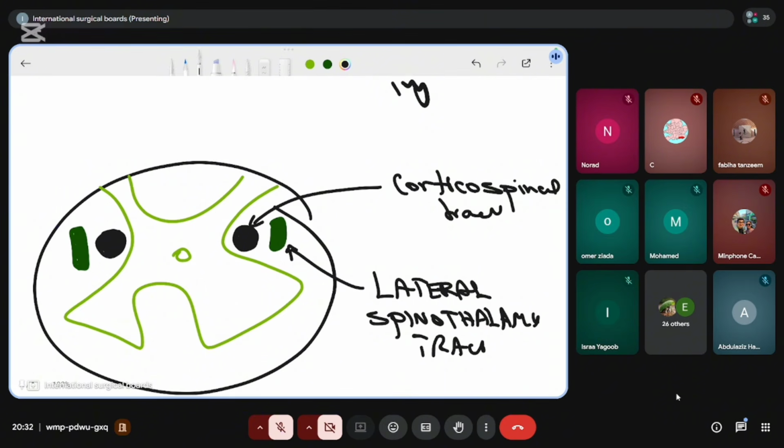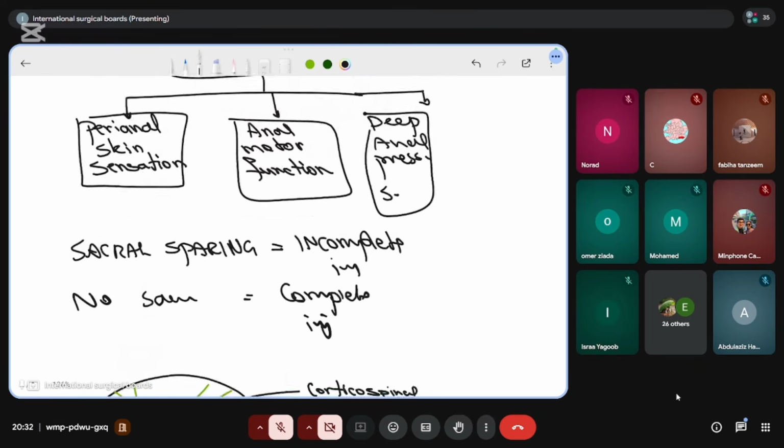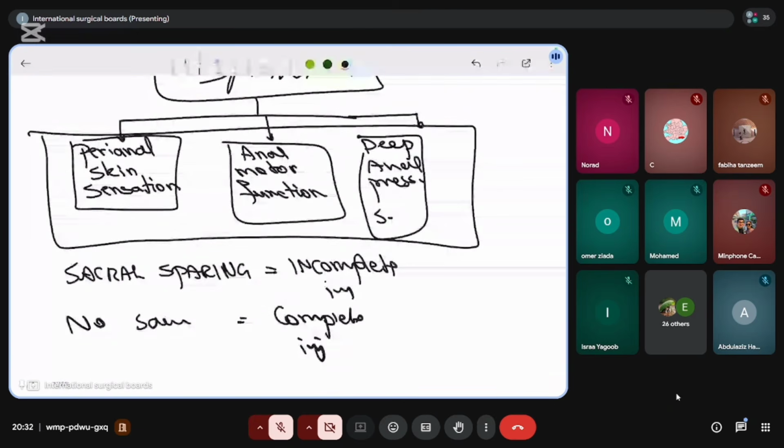But there's a very important thing here, regarding these three modalities of sacral sparing. Now listen to my question very carefully. Out of these three modalities, which one best predicts motor recovery after spinal cord injury?